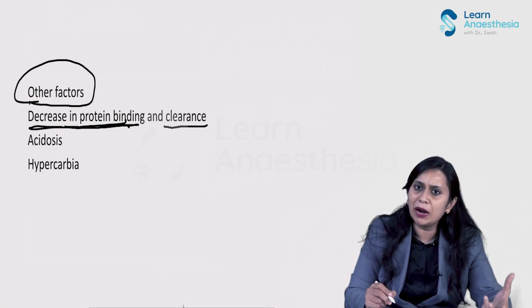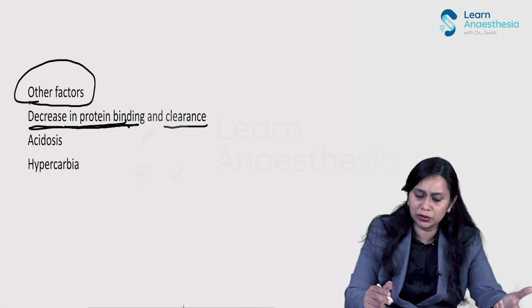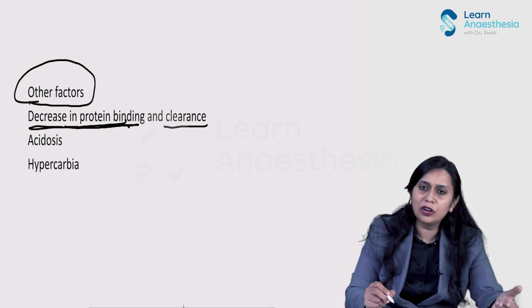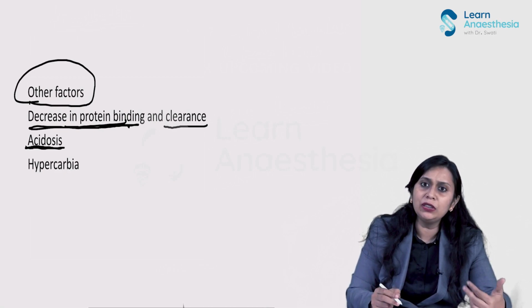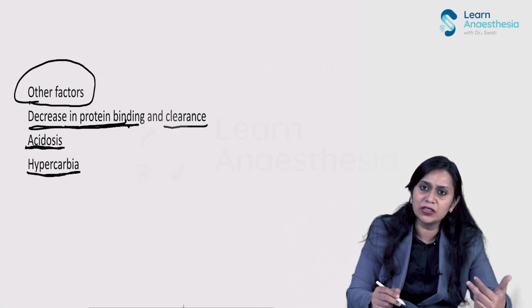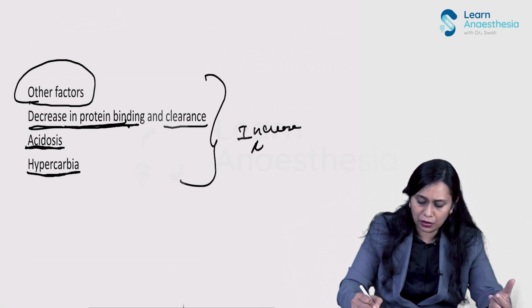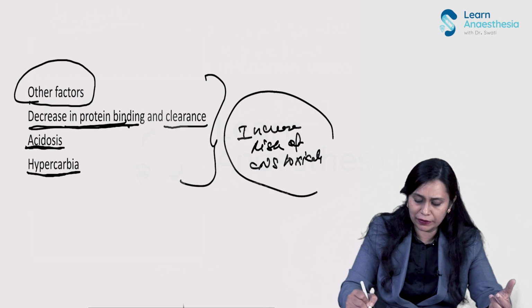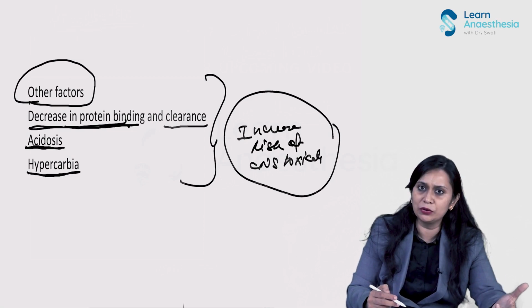Decrease in clearance, like in hepatic dysfunction, pregnancy, liver dysfunction, cardiac dysfunction: the risk of toxicity would increase. Acidosis, the risk of toxicity would increase. Hypercarbia, the risk of CNS toxicity would increase. So we have to carefully see that the patient should not have any associated conditions like hypercarbia or acidosis.